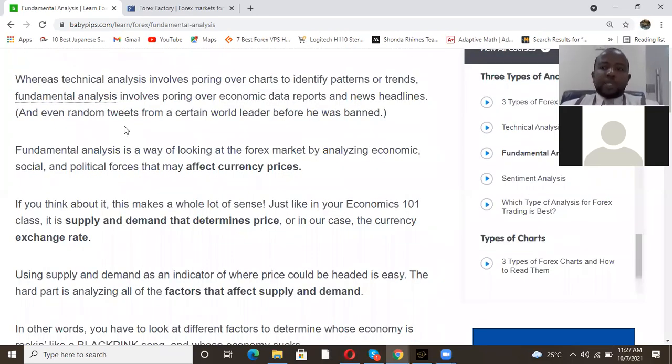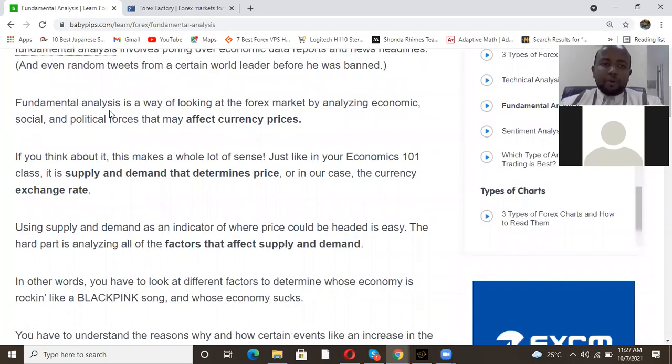And even random tweets. Twitter has also become a very powerful tool for this kind of events or fundamental data. Fundamental analysis looks at the way the Forex market analyzes economic, social, and political forces that affect prices. Political, why? Because if you have a good government, someone with a good plan to move the country forward, you're able to see it reflected in the currency or in the prices.